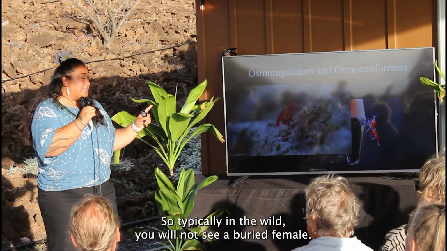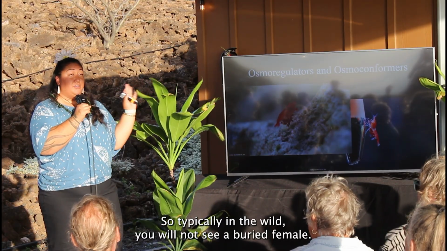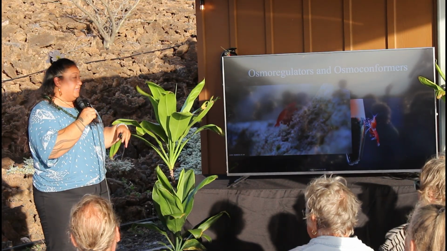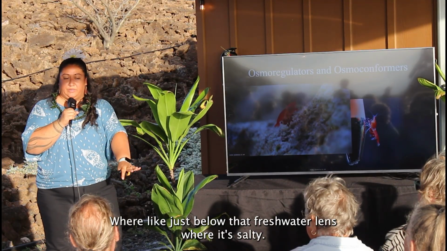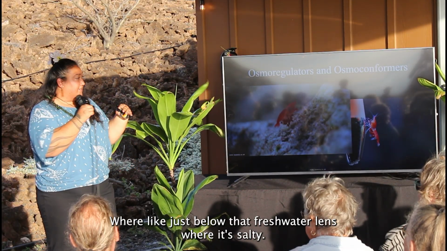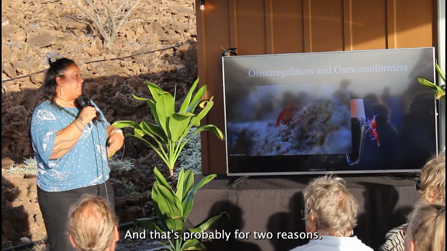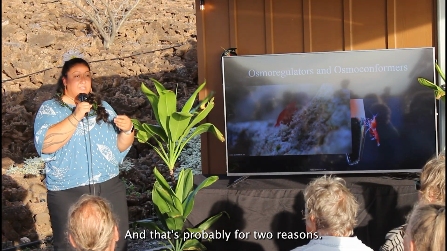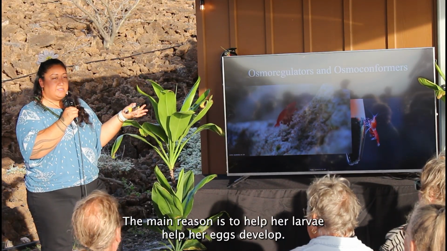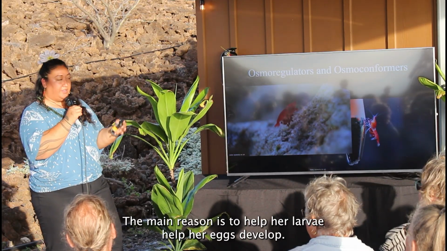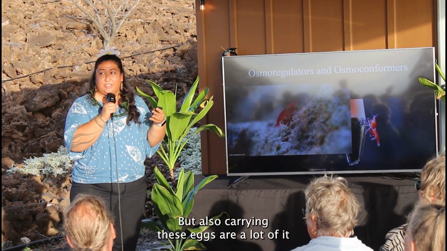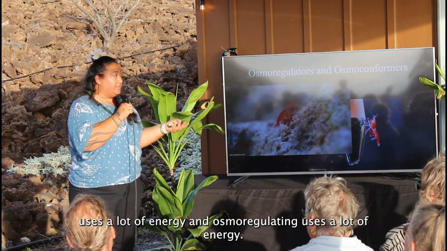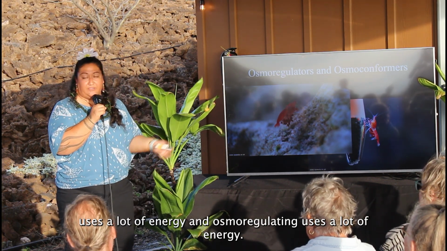So typically in the wild, you will not see a berried female. It is likely the berried female is underground, just below that freshwater lens, where it's salty, and that's probably for two reasons. The main reason is to help her eggs and larvae develop, but also carrying these eggs uses a lot of energy, and osmoregulating uses a lot of energy.